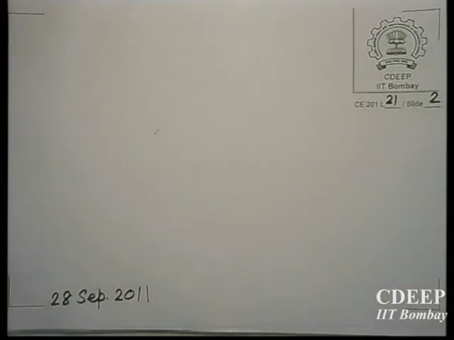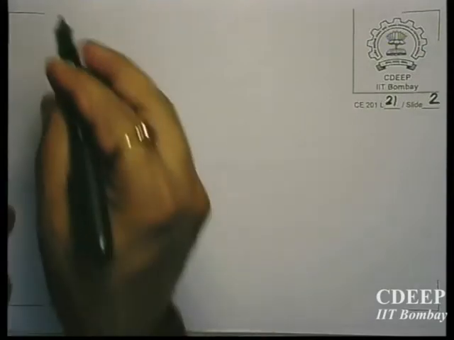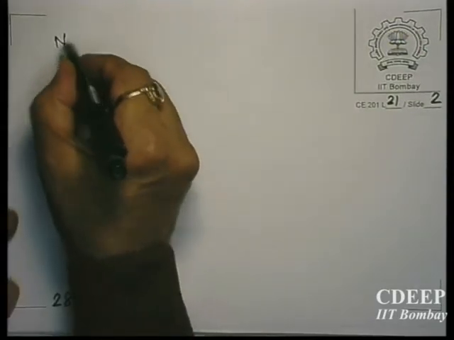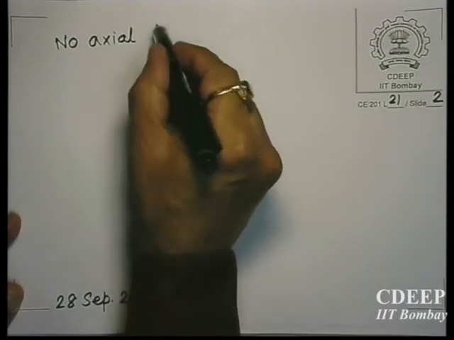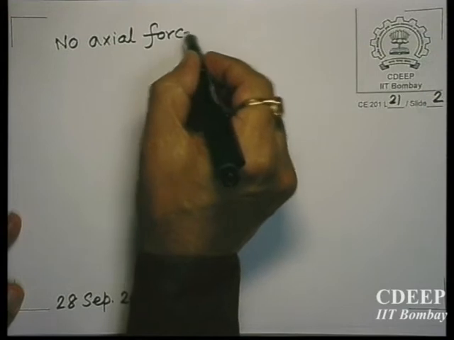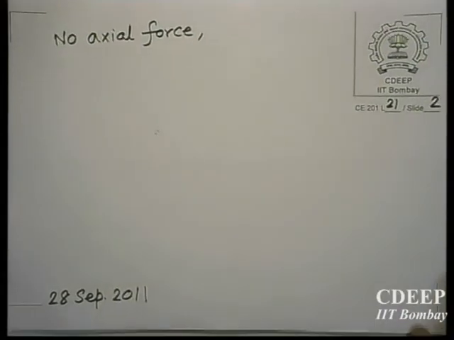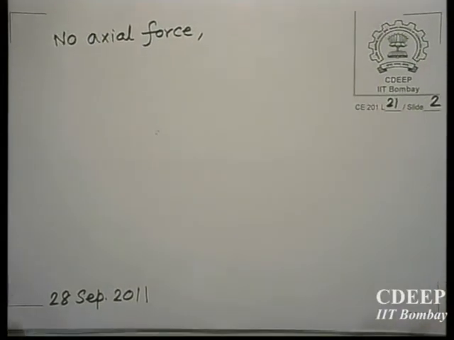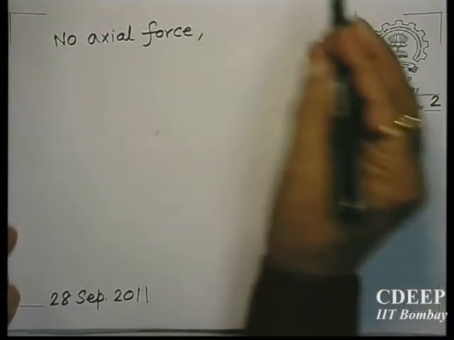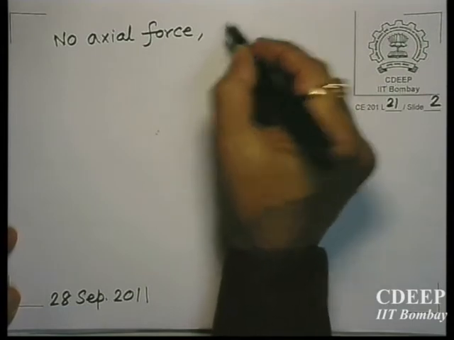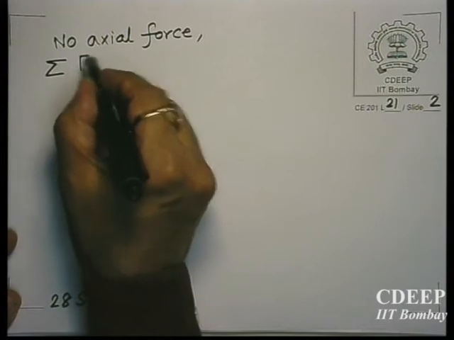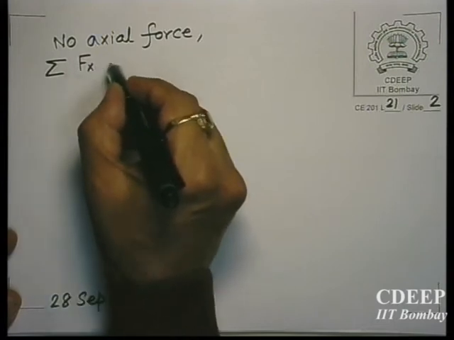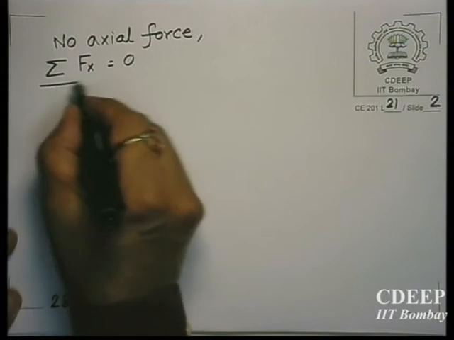Anyway, if no axial force, so you have no axial force, equilibrium is satisfied. So, sigma of forces in x direction is equal to 0. So, this is satisfied.